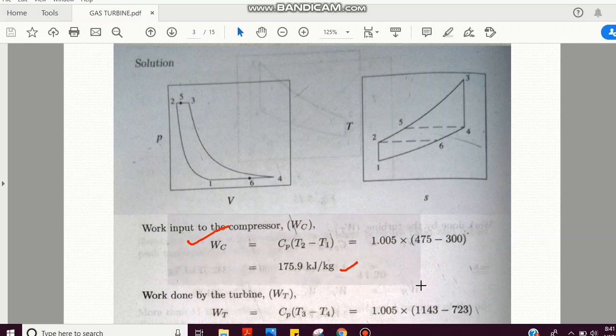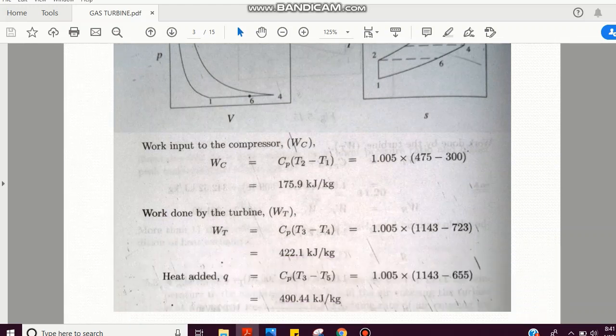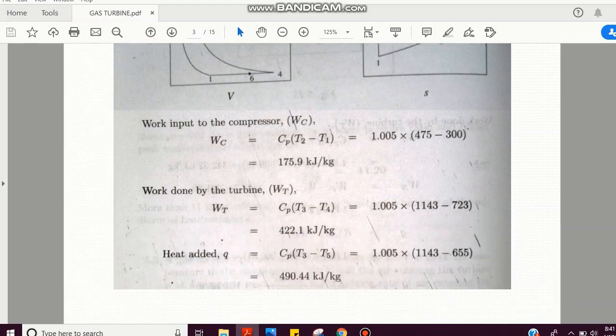Now the turbine work. So the turbine process is 3 to 4, the expansion process. So the turbine work is nothing but Cp into T3 minus T4.